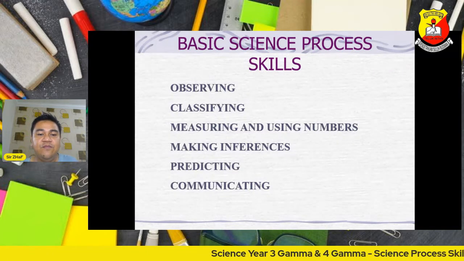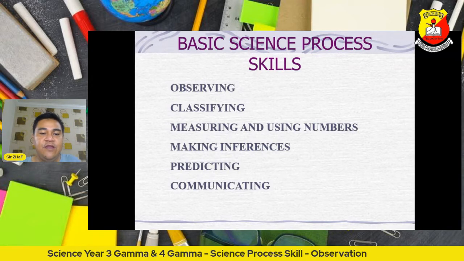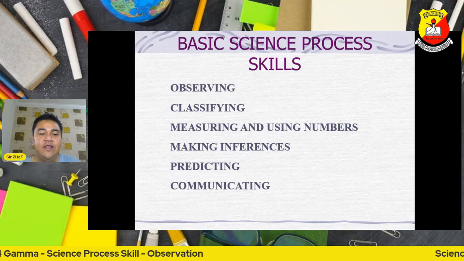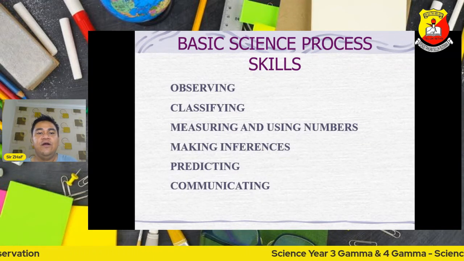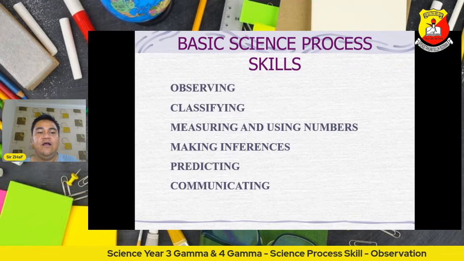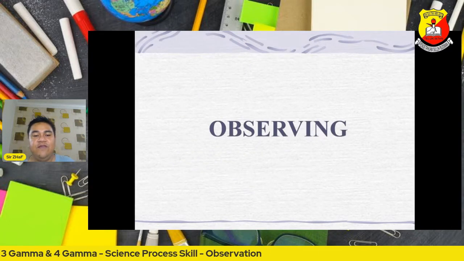The third one is measuring and using numbers. The fourth one is making inference. The fifth one is predicting. And the last one is communicating. Today you will learn the first science process skill, observing.